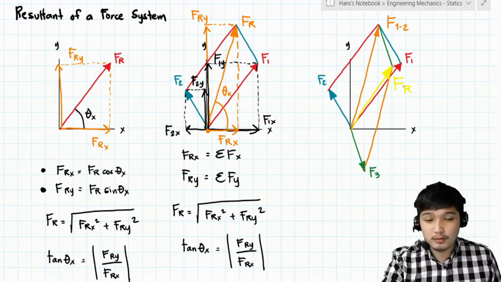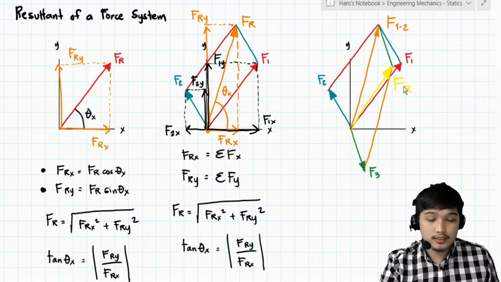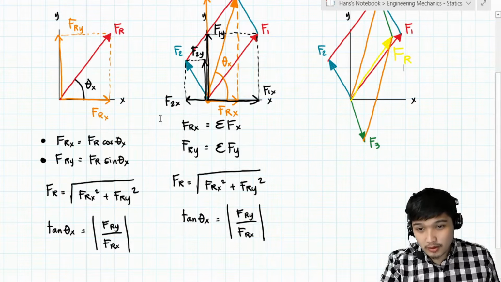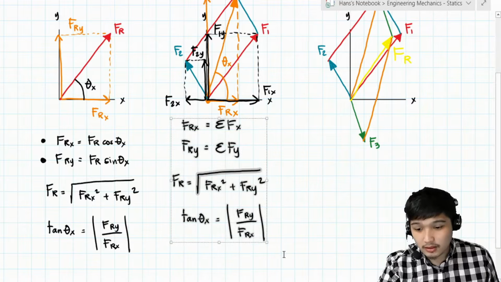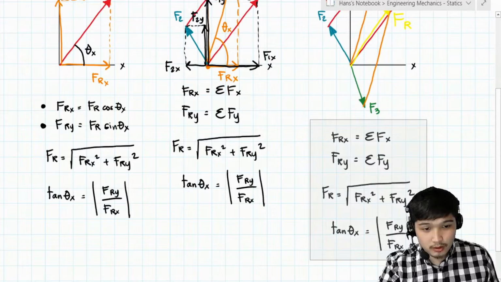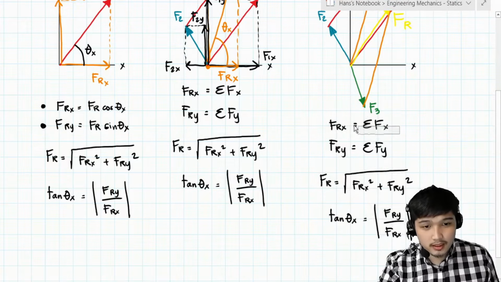Kung gusto mong mag-solve ng mga forces using triangles, kung mas pabor ka doon. So, kung gusto naman siyang solve using formula, the same lang yan dito. Wala namang pinagkaiba. So, to solve for the horizontal component ng resultant force, just take the summation ng lahat ng forces along horizontal.